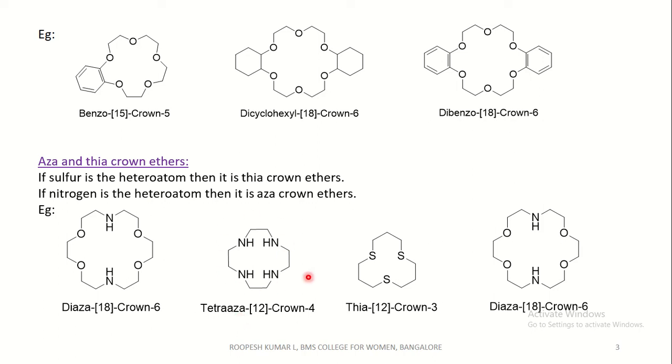This is a 12 crown 4, where 12 atoms are there and 4 heteroatoms, that is 4 nitrogen atoms. And there are 4 aza groups, hence it is called tetraaza 12 crown 4. This is thia 12 crown 3. This is diaza 18 crown 6, and this is the same as this one.